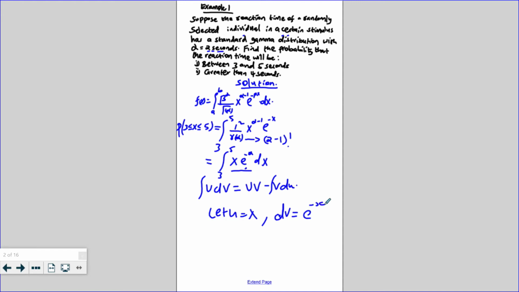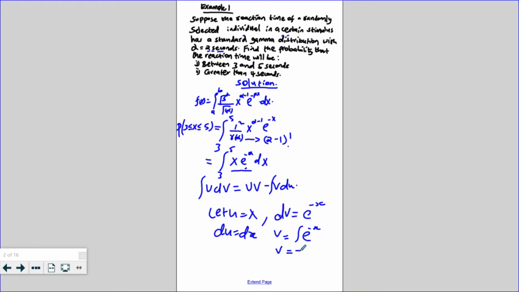If u is equal to x, then du is equal to dx, and to get v, it means it is the integral of exponential to the power of negative x.